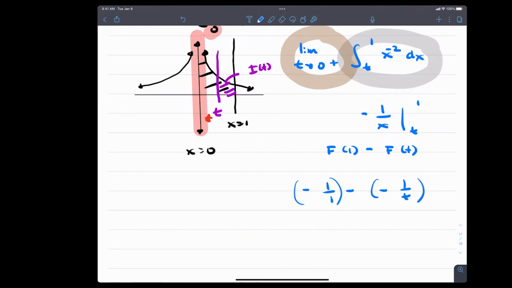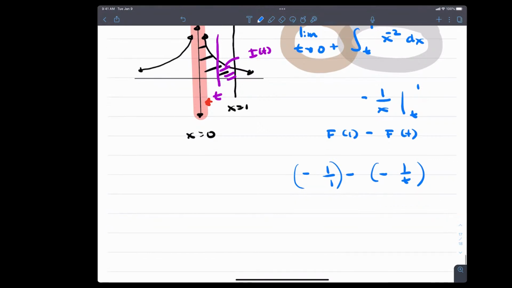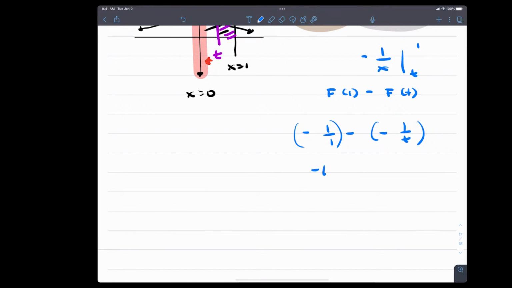So that's my advice to you guys. You're going to have some negative antiderivatives, and then some subtraction with negative numbers. It could get a little tedious, and you've got to be careful. This is how I'm careful with that, right? Negative 1 plus 1 over t, or 1 over t minus 1.